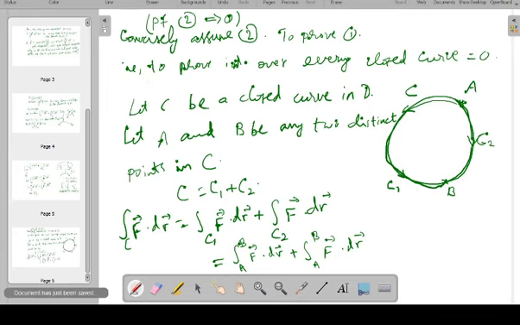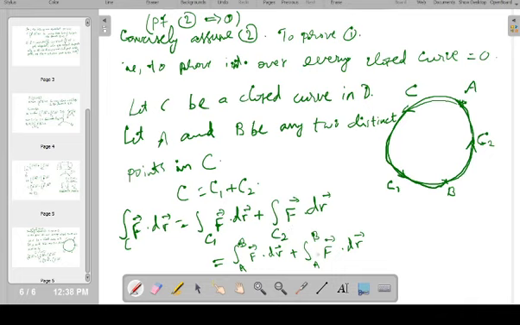So C2 is this curve starting at B and ending at A. So what is the integral over C2 f dot dr?